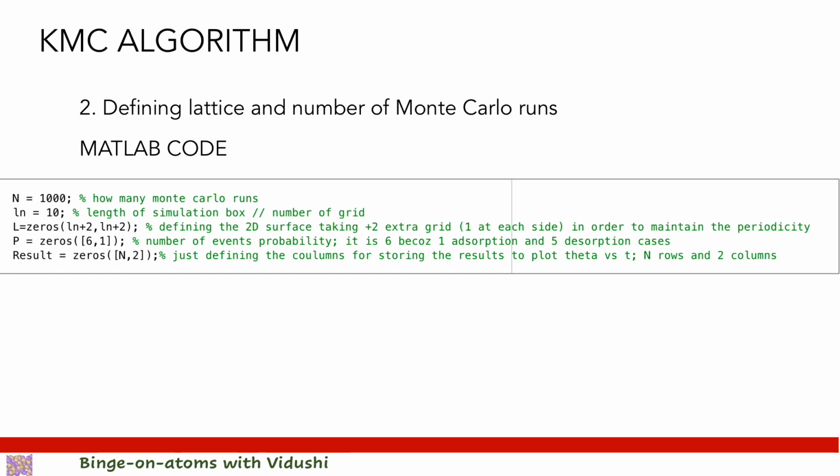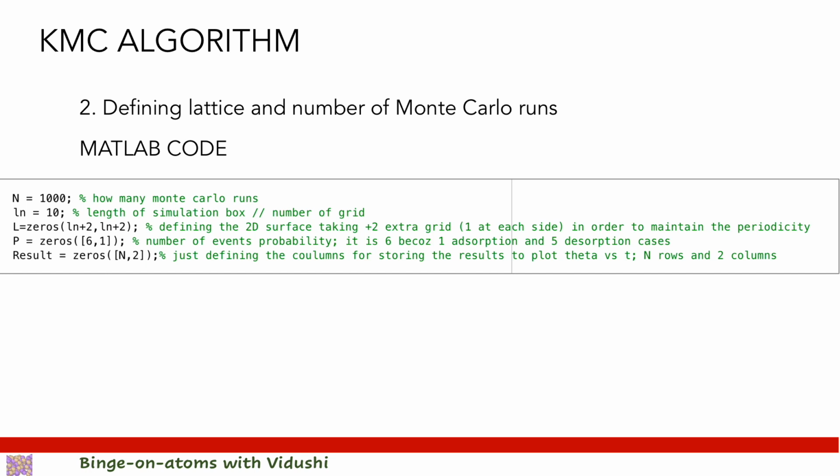Next, L equals zeros(Ln plus 2, Ln plus 2) defines a special matrix L which will record the presence and absence of an atom at every location of the square lattice for each Monte Carlo run. How this L will take note of surface adsorption will become clearer as we move further in our code.